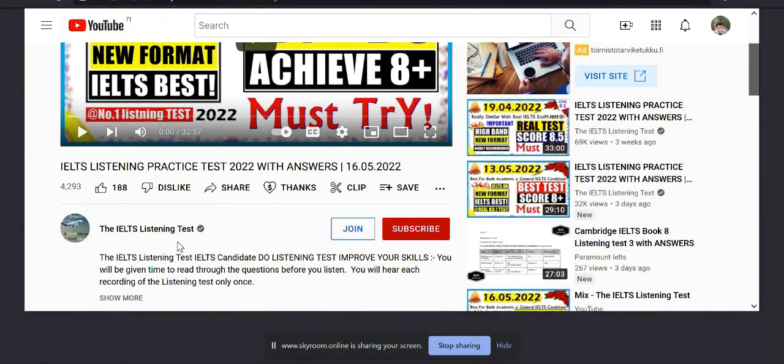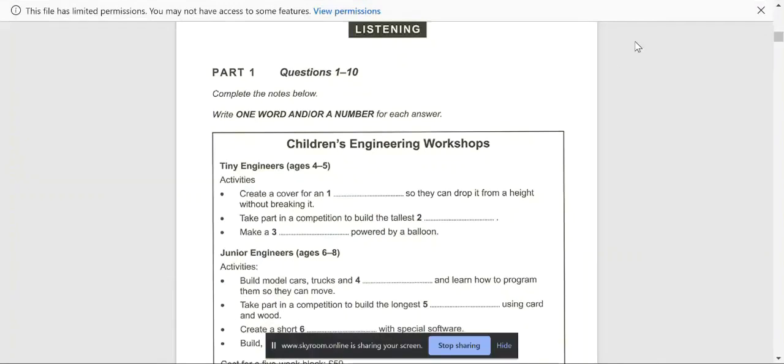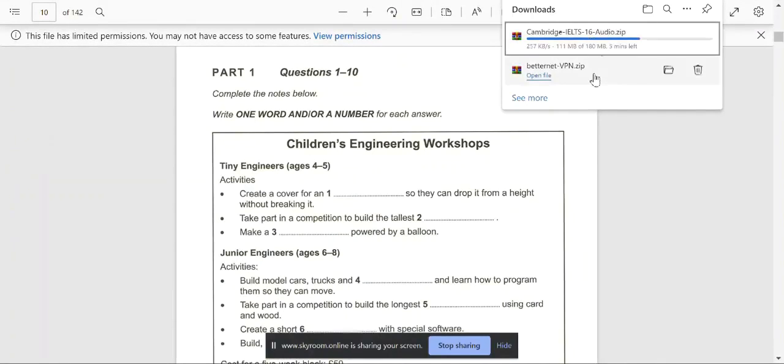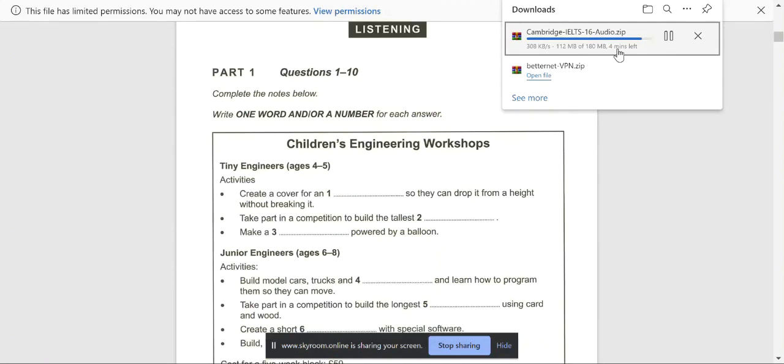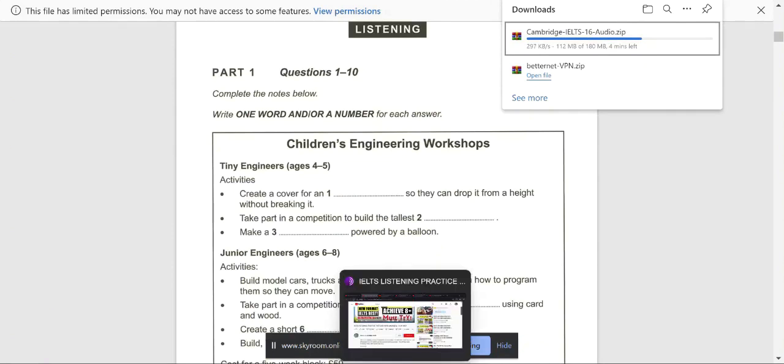This is not an official website for the listening, but it has all the types in different levels of difficulty for the listening. Okay, we will go for one of them. Maybe this one is enough, but I'm waiting for the download. 4 minutes, 2 minutes. Go ahead. Okay.